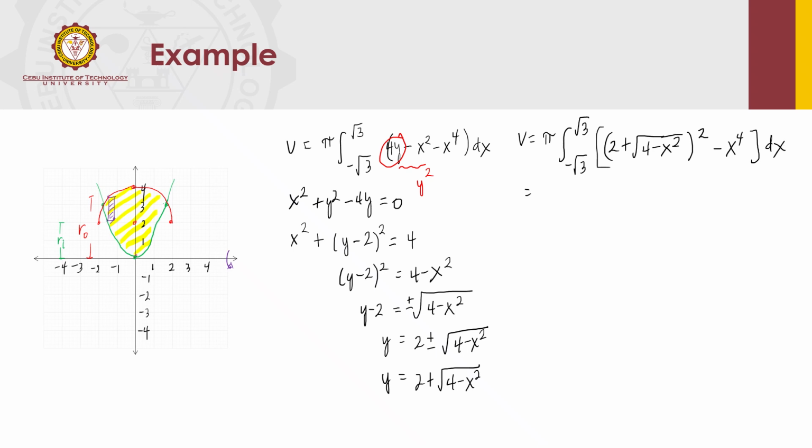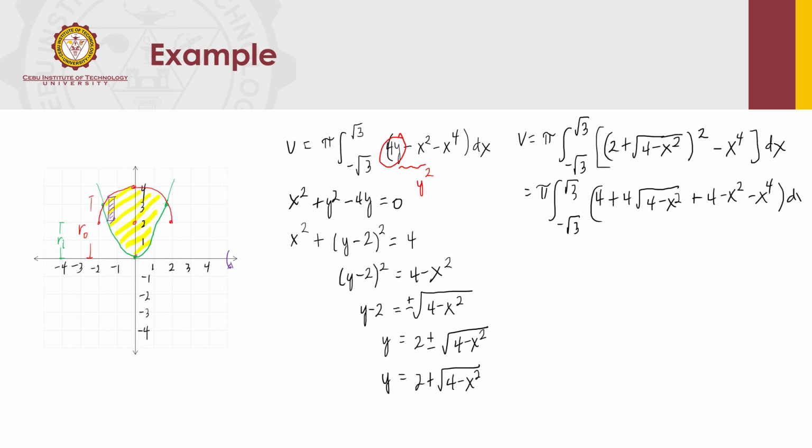We're going to expand that. So it's 4 plus 4 square root of 4 minus x squared plus 4 minus x squared, right? And then minus x to the power of 4.